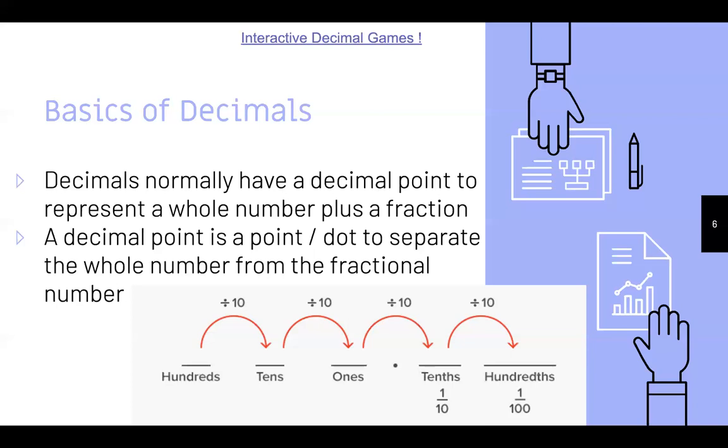For fractions, it starts at tenths, hundredths, right? And that's why I have the 1/10 and the 1/100 to symbolize it. If we have 0.1, that's the equivalent of saying 1/10.